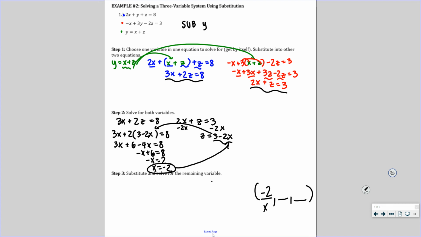Nice thing about substitution is you have these nifty little equations to plug things back into. Z is the same as 3 minus 2x, and x is negative 2. So z is 3 plus 4, 7. Z is 7.